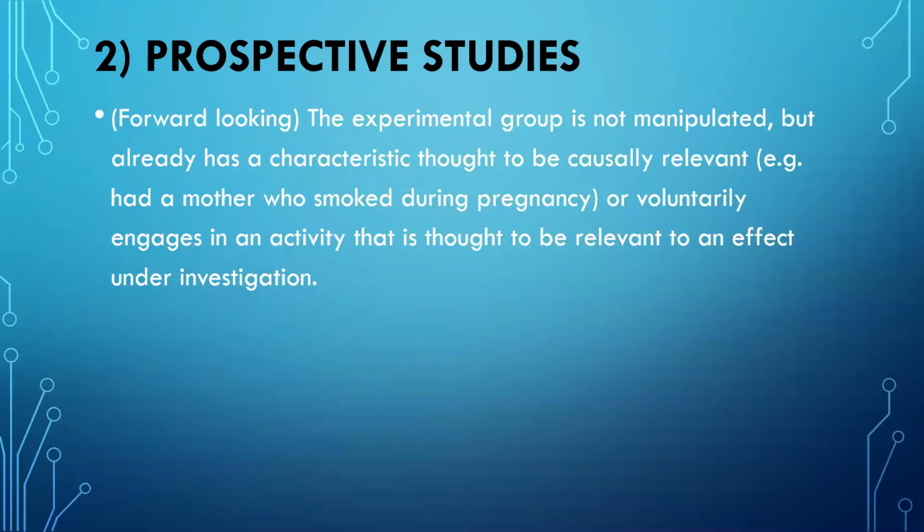We're not manipulating anything, but we're following those who are doing it, and then you have the control group who are not. So these are people who are voluntarily engaging in an activity that is thought to be relevant to the effect under investigation. So maybe it's ADHD if you're considering what happens when women smoke during pregnancy or something like that.